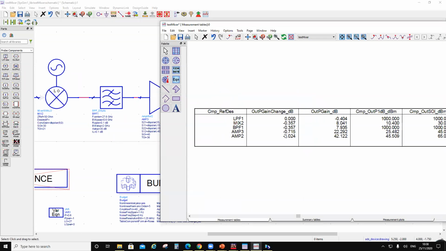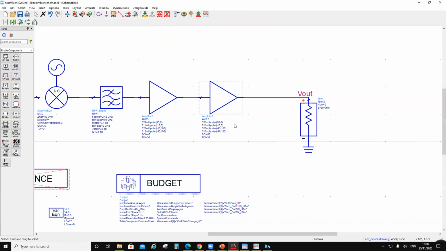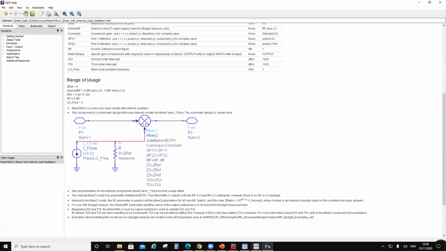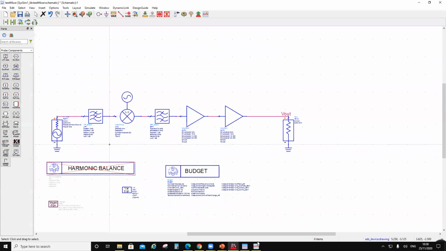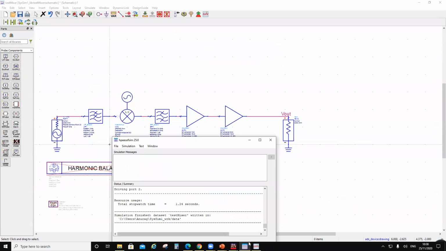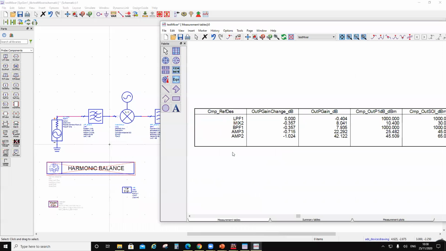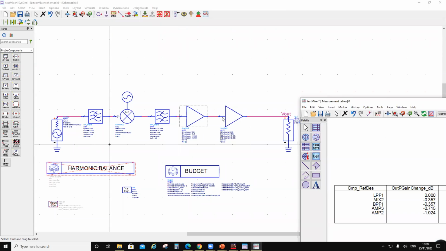So now at -1 in, the whole chain is compressing by 1 dB, and I want to see the contribution of compression from each one. So this I can see in this table. Okay, so that means that the mixer is compressing by 0.35, right? And then LPFs and BPFs are doing nothing. Then the driver amplifier is compressing by 0.7 cumulatively, so the driver is compressing by the difference, which is again 0.35.